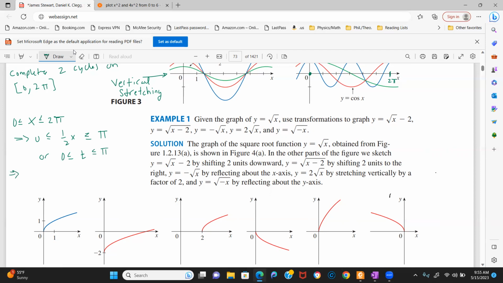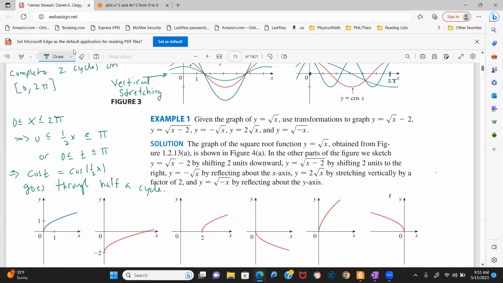So cosine t, which is cosine 1/2 x, goes through, because as x goes from 0 to 2 pi, t goes from 0 to pi, that's half of the period. So cosine t goes through half a cycle.